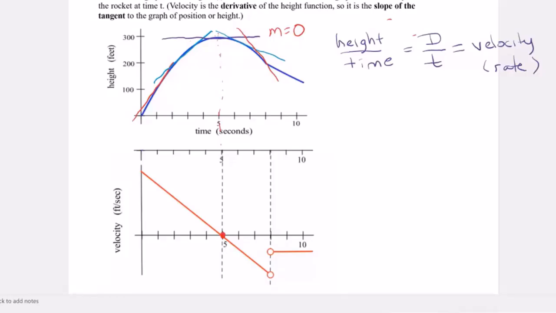Okay? But then all of a sudden, at the very end, it just abruptly changes to a different slope. It doesn't slowly change to a different slope. If I erase this line, you can see there's something very abrupt happening right here. That is because the slope is changing drastically at that point.